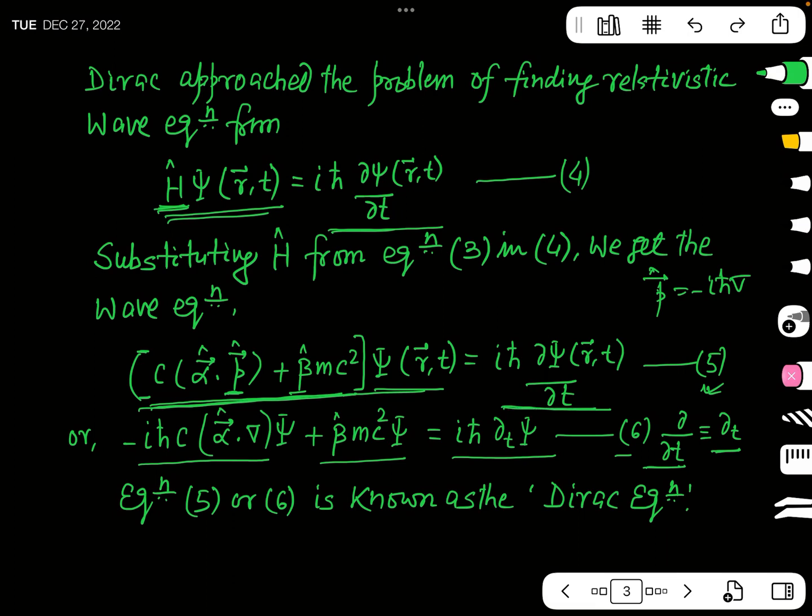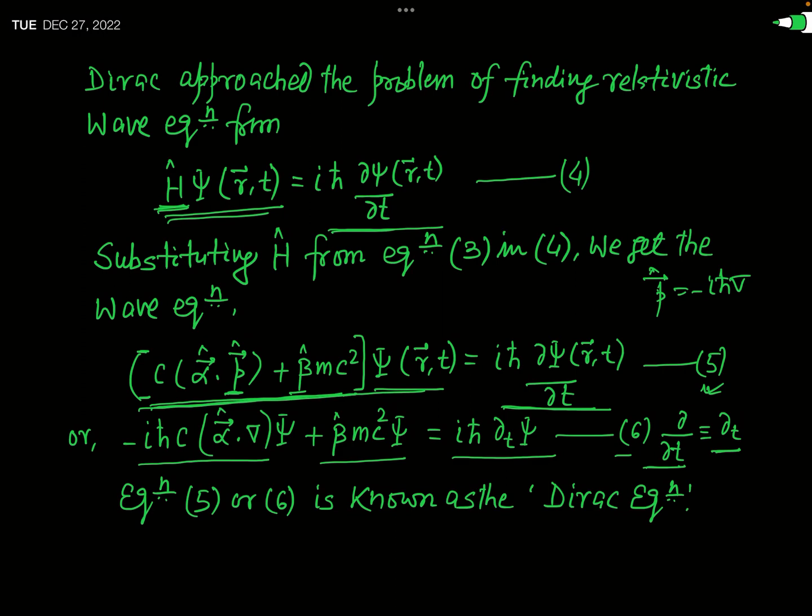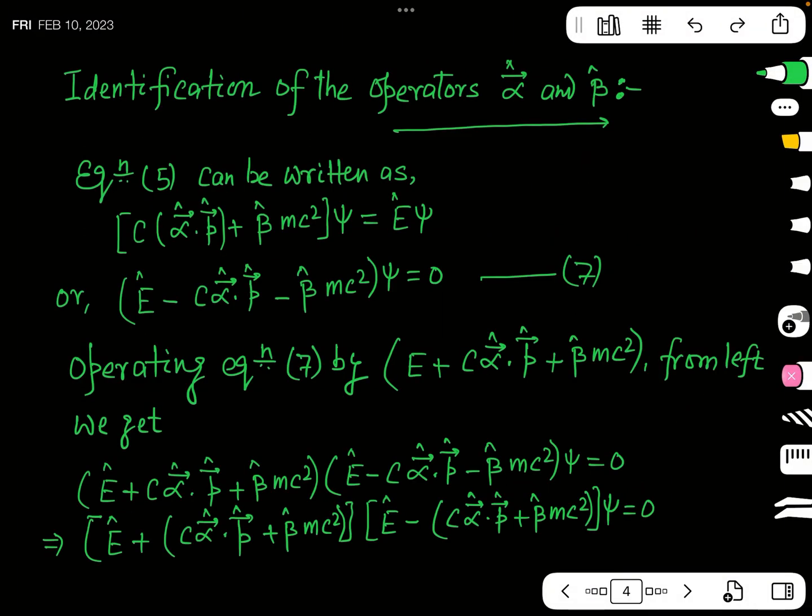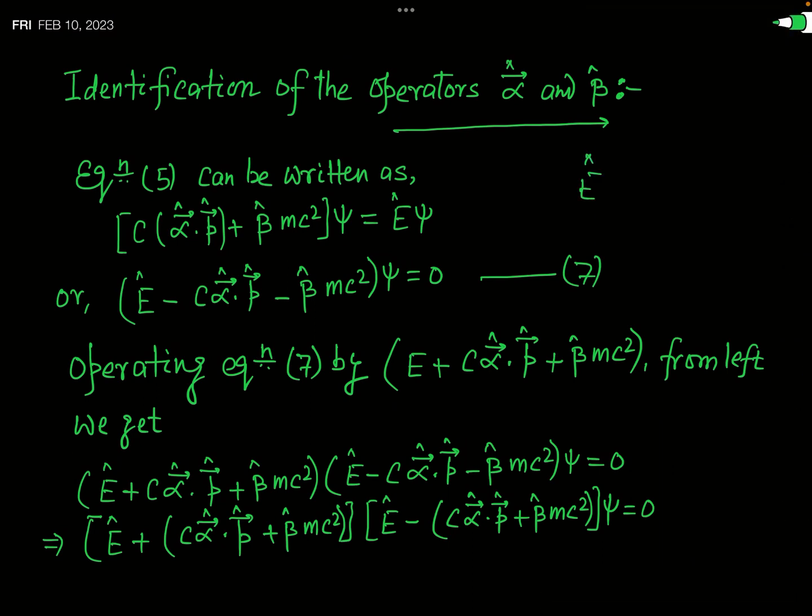The right hand side, i h bar del t, represents the energy operator. So instead of i h bar del t, we will write the energy operator E hat, where E hat is equal to i h bar del t.